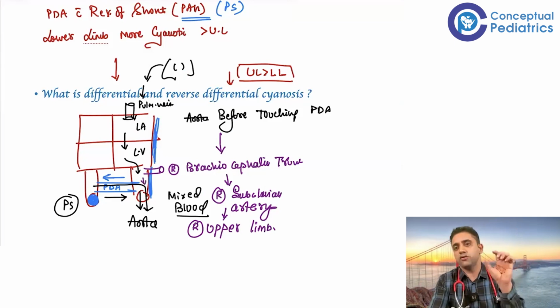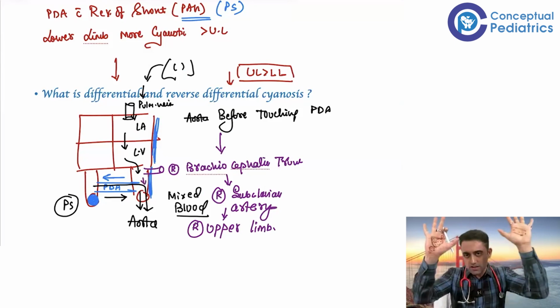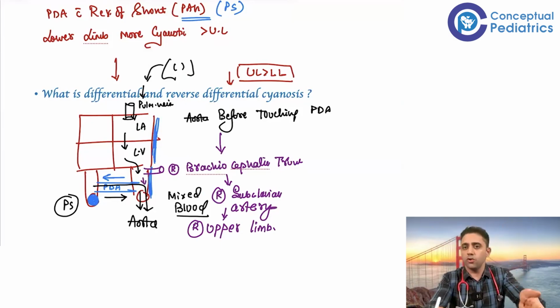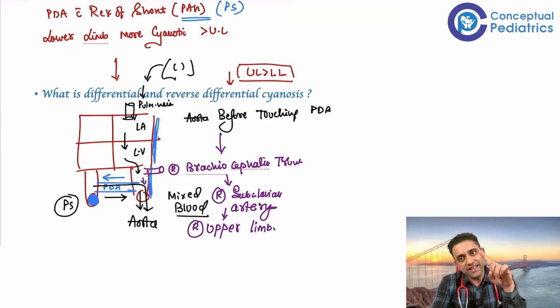After that the aorta actually meets the PDA. Imagine, after supplying first the right upper limb, then the left upper limb, the aorta meets the PDA, and then the mixing of the blood will happen, which we know in PDA with pulmonary stenosis, and then the blood goes down.